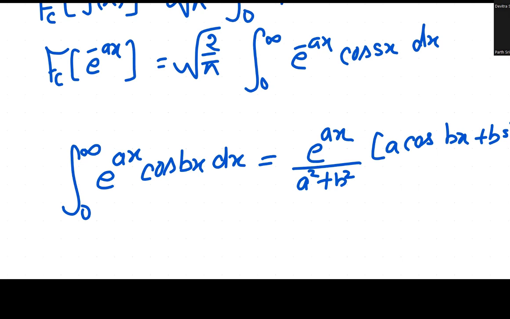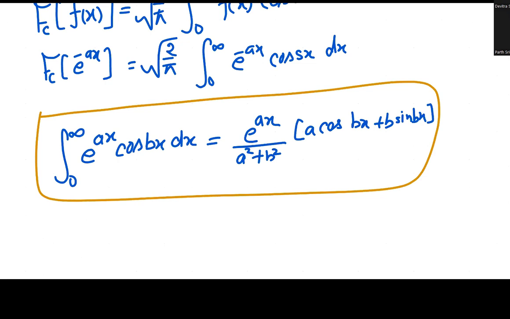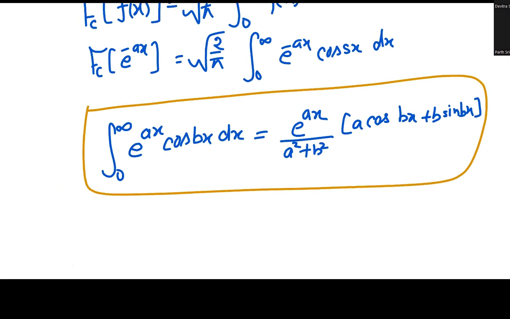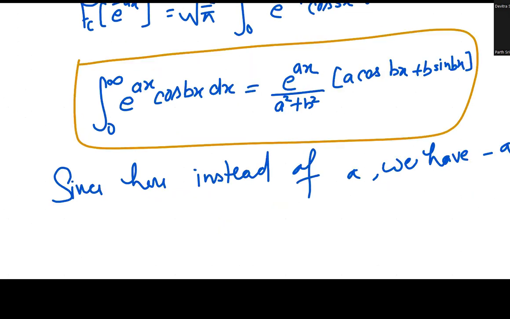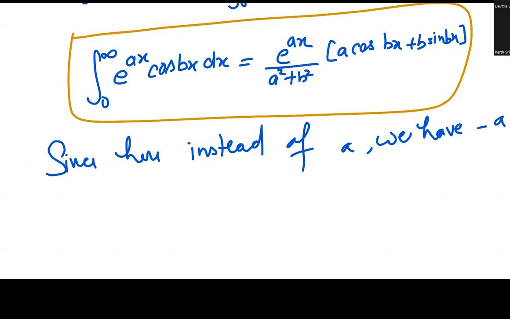But in the above transformation, instead of a, we have minus a, and b is equal to small s.